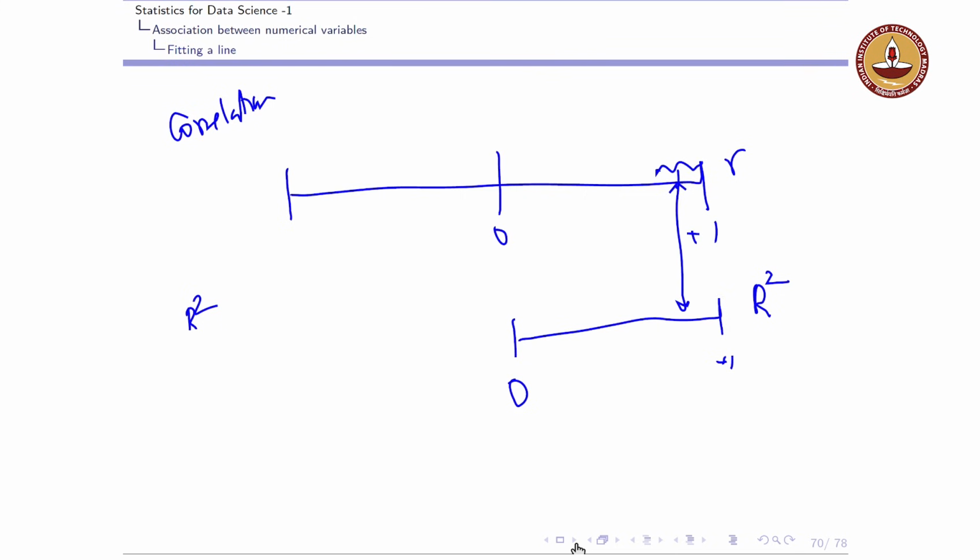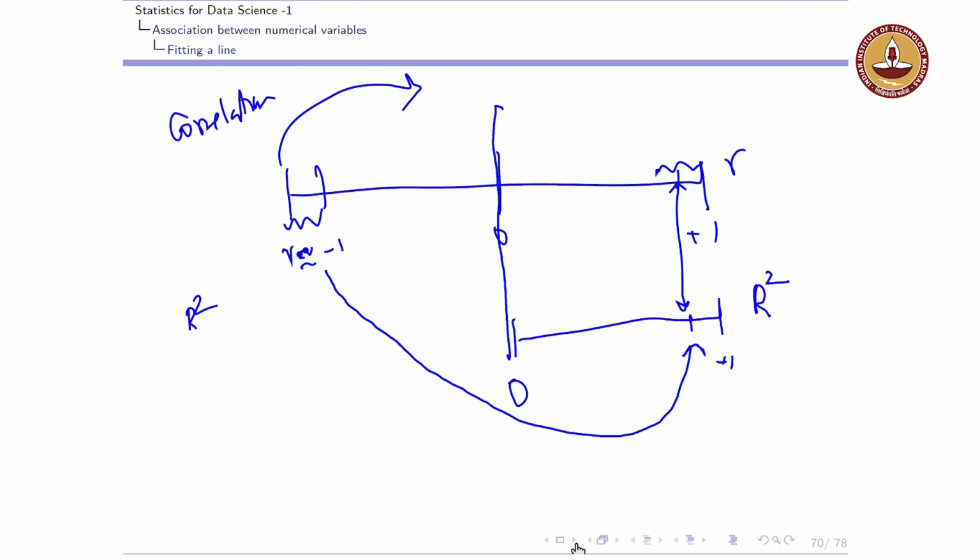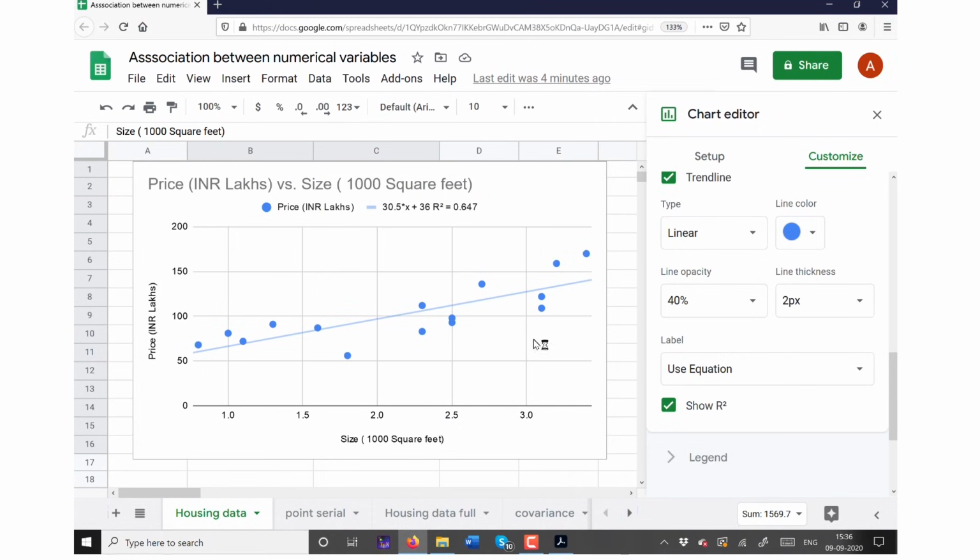In a sense, you can imagine flipping this along 0. So, if I have an R value here, my R square is going to be closer to 1. As my R goes to 0, my R square will also tend to 0. Let us look at an example to illustrate what we have just discussed.